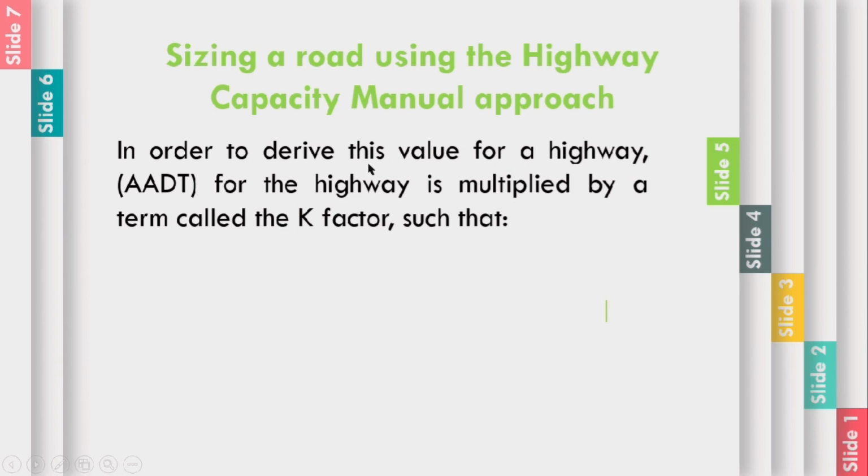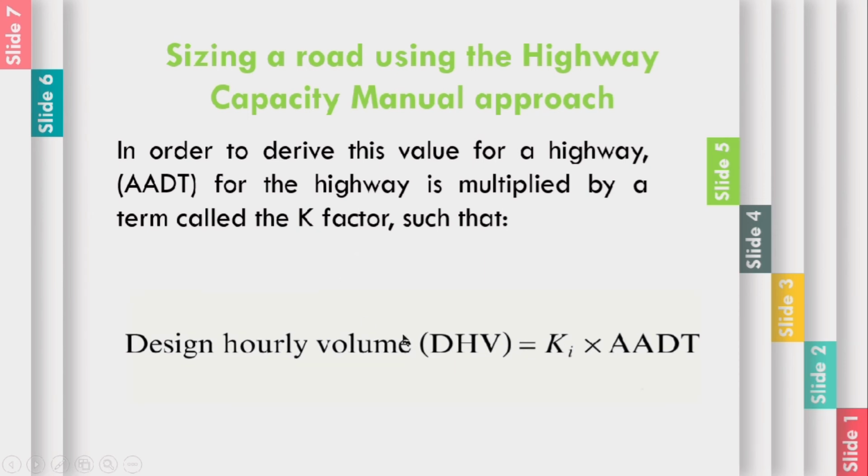And in order to derive this value for a highway, the annual average daily traffic for the highway is multiplied by a term called the K factor, such that design volume equals K sub i times AADT, where the value of K sub i corresponds to the 30th highest annual hourly volume.